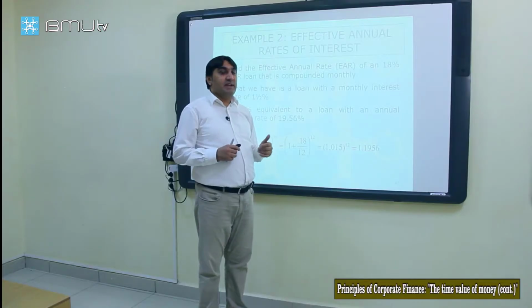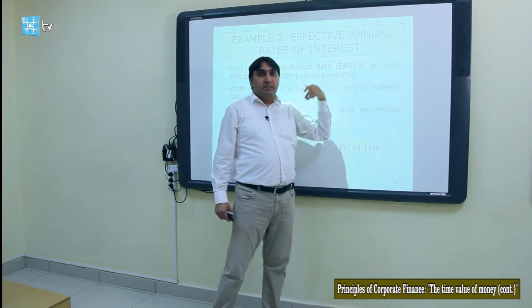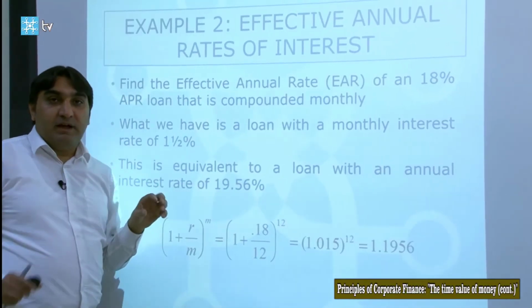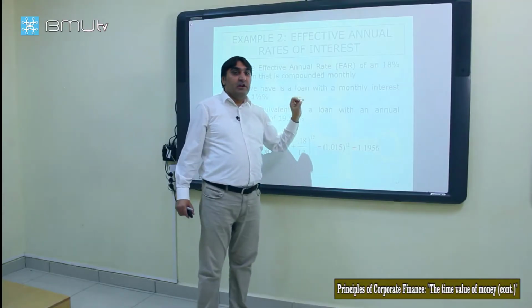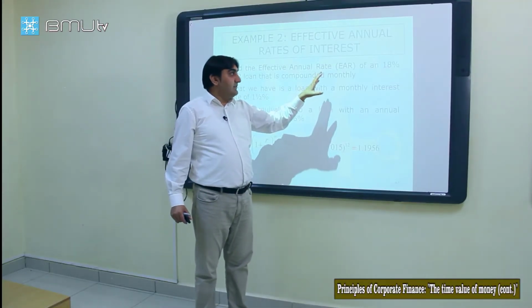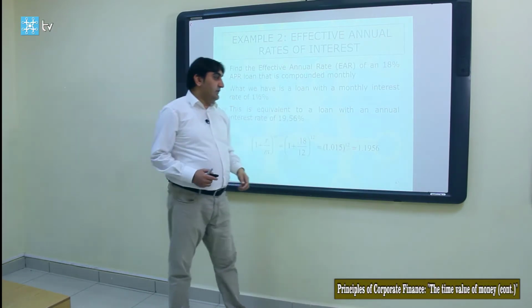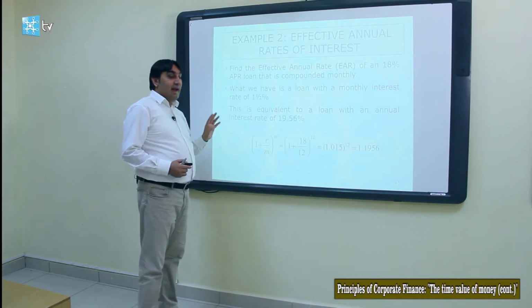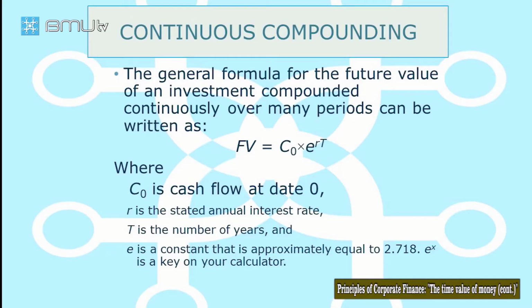So banks state that we lend at 18% APR, but applying some finance knowledge, we know that it's higher than that if you borrow at this rate. Actually, you are borrowing at 19.6% rate annually.